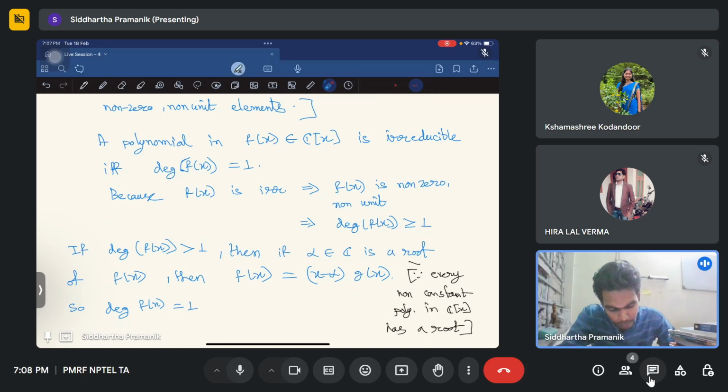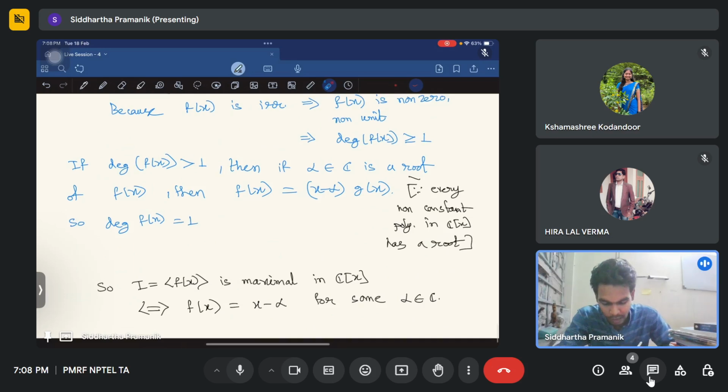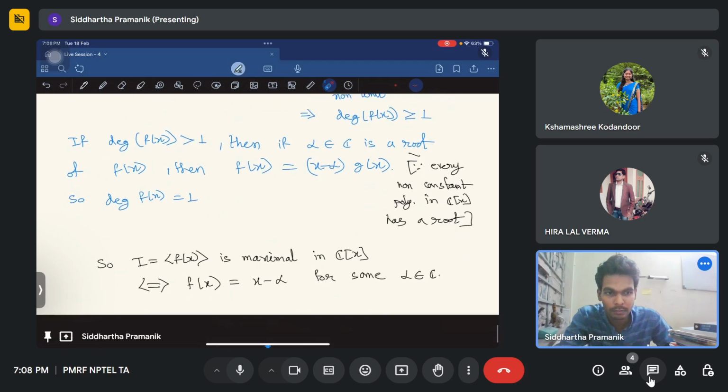Then you can find a factorization into non-zero non-unit elements. So then it will no longer be an irreducible element. That means the degree of f(x) has to be 1. So I generated by f(x) is maximal if and only if f(x) equals x minus alpha. Hence it is a degree 1 polynomial. So, is it fine?